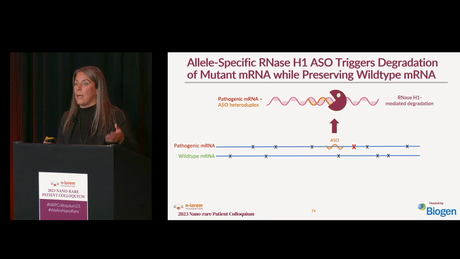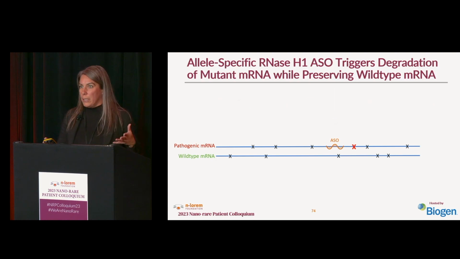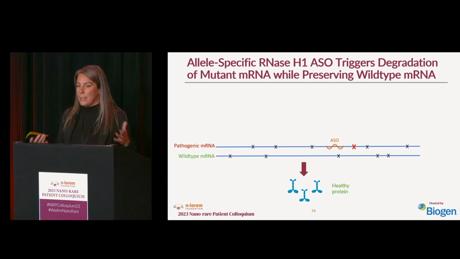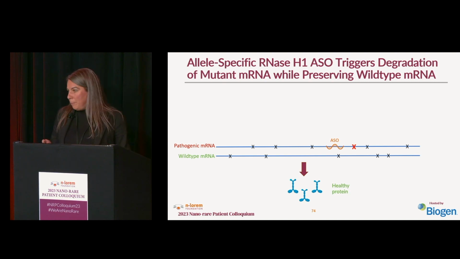And this enzyme will cleave the duplex and trigger the degradation of this duplex. And so there won't be any mutant protein made from that mRNA. On the other hand, on the wild-type mRNA, the ASO is not binding. There is no recognition by the RNase H1. Therefore, we can maintain production of a healthy protein. So this is how we can make allele-specific ASOs.